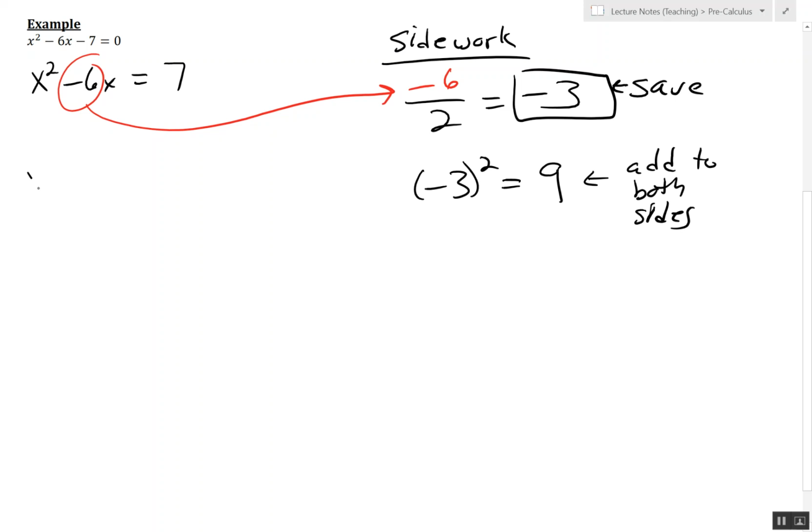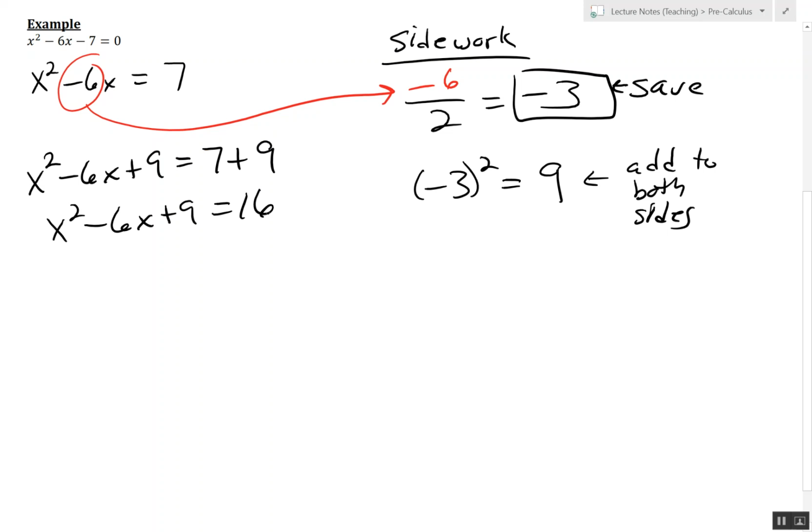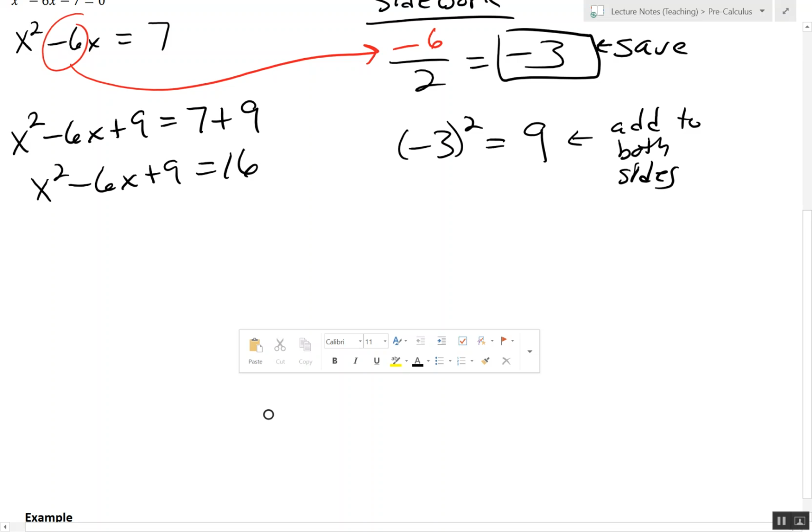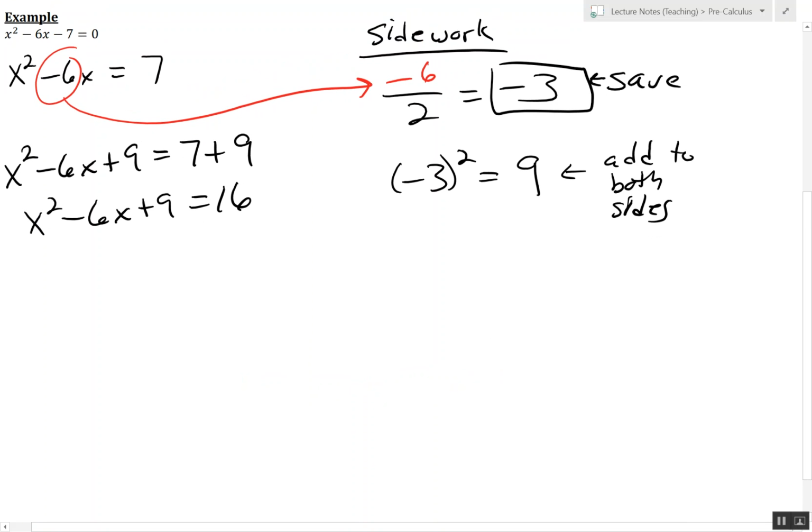So let's do that. We're going to get x squared minus 6x plus 9 equals 7 plus 9. So let's simplify the right hand side: x squared minus 6x plus 9 equals 16. Now at this step, this is where your saved number comes into effect, because this will always factor as x plus whatever number you saved.